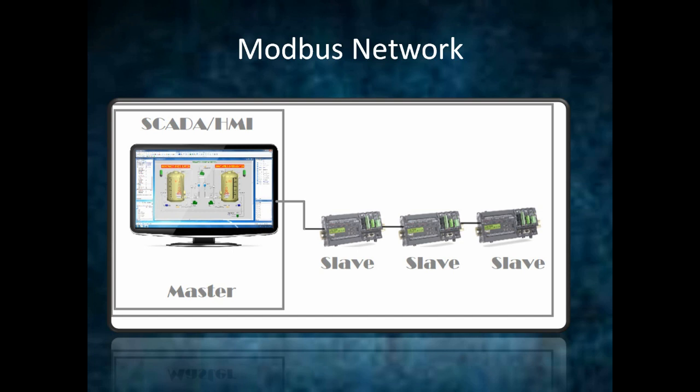In a Modbus network, normally SCADA and HMIs are considered as master, and PLCs, controllers and all other devices that support the network are normally connected as slaves of that network.